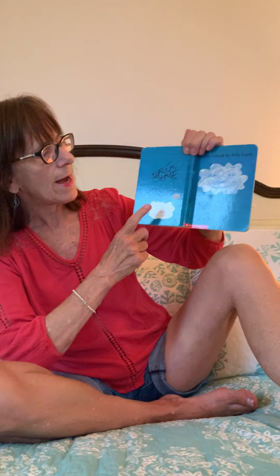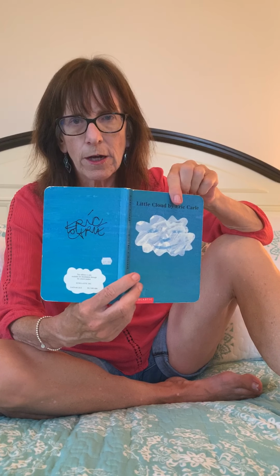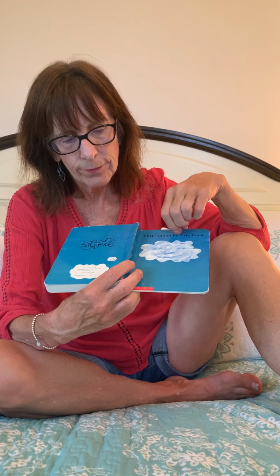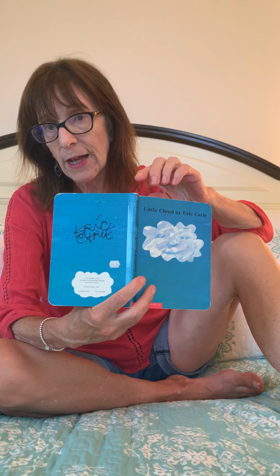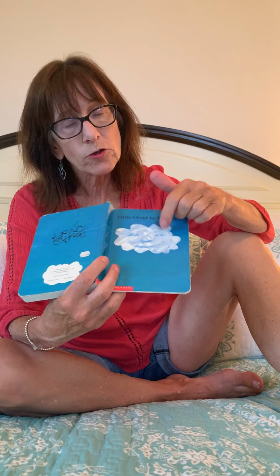So here, I'm just going to show you the front of the book. And here's the back of the book. And we can see that there's a lot of blue here. Why do you think that there's blue on the front cover and the back cover? You're right. It's because clouds are in the sky.